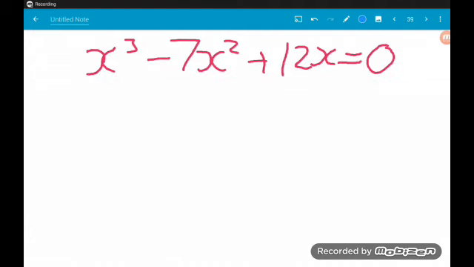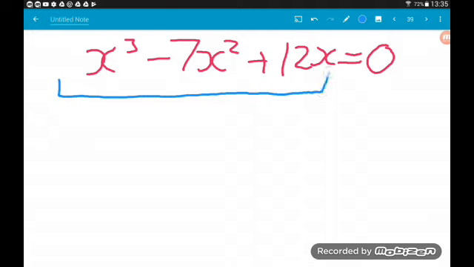Okay then, first up we have x cubed minus 7x squared plus 12x equals 0. Now, first of all, let's only worry about this as an expression, then we'll worry about it as an equation. So, if we're only worrying about the expression, we are only worrying about that part. So, we have a common factor of x, good times. Now we can take this out and factorise this a bit.